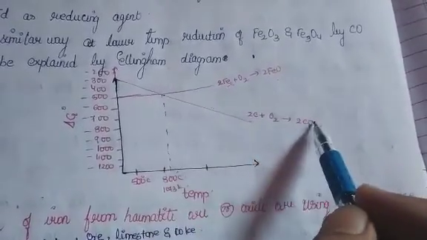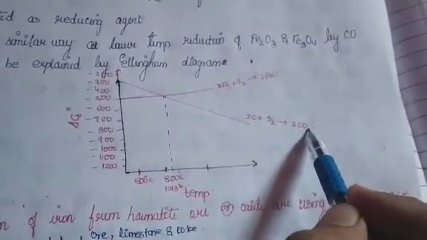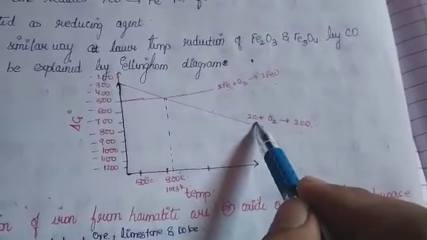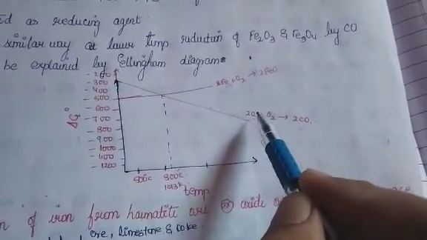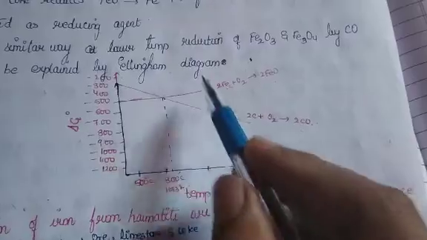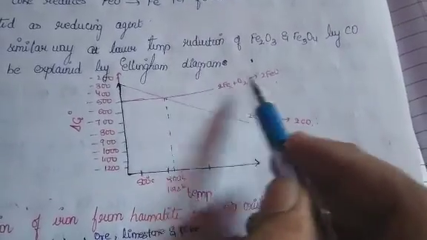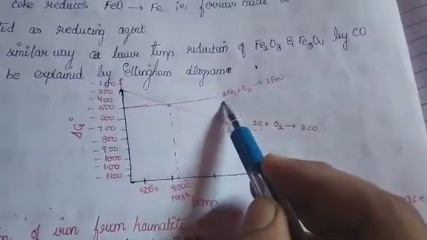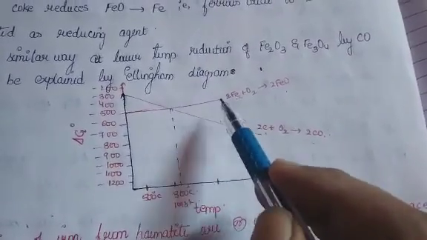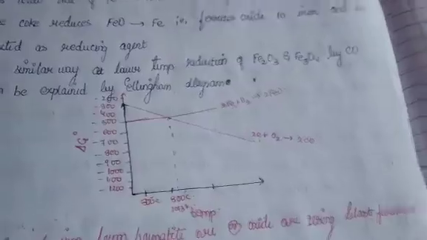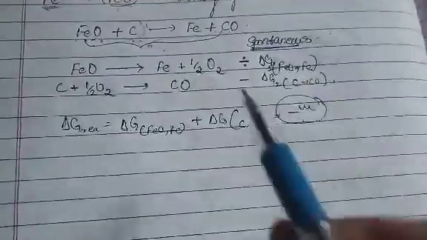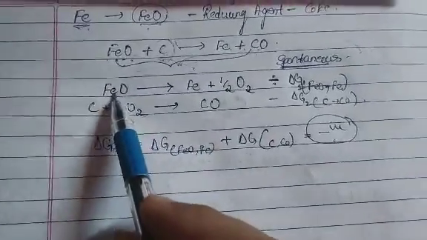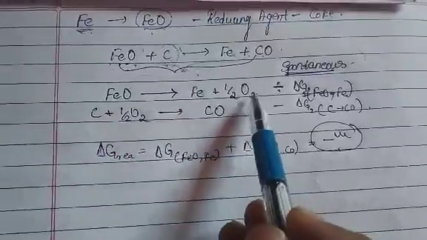The curve of an element's oxide: that element can be used as a reducing agent only for the metal oxide lying above it. Now the question arises, why do we have to choose the curve which is above it? When I look at the reaction, first your iron oxide should give out the oxygen.